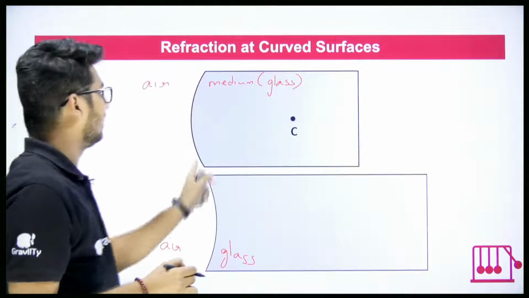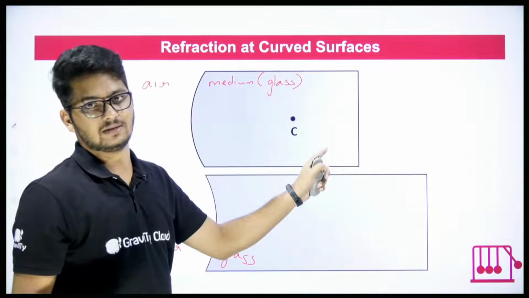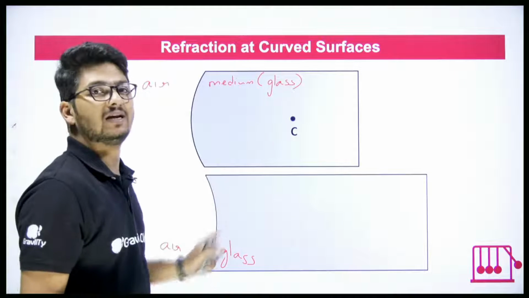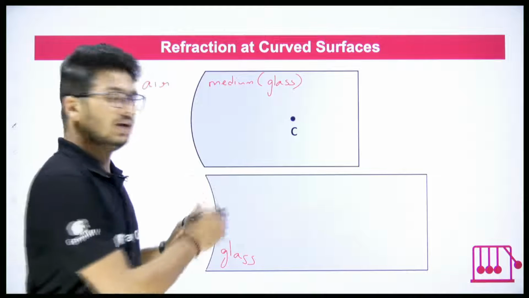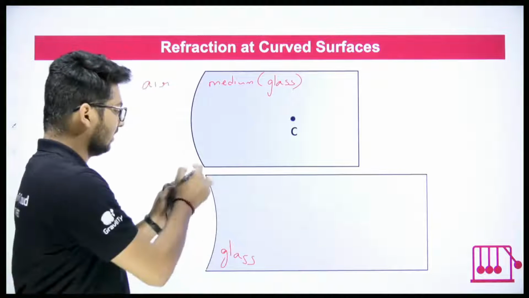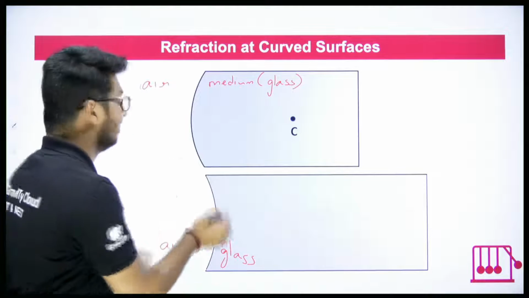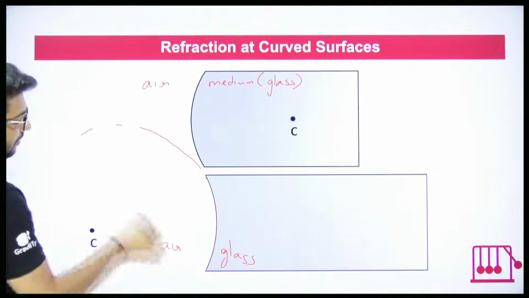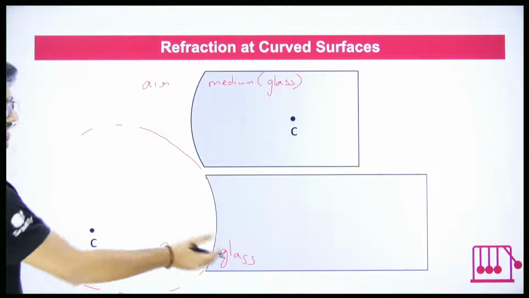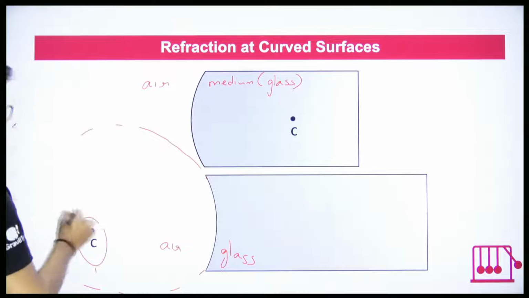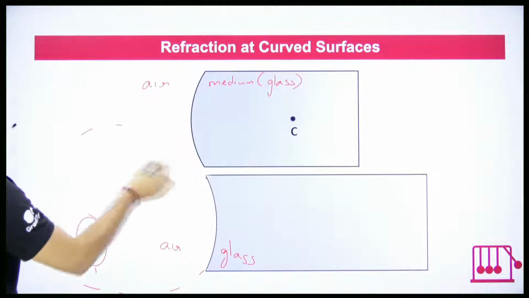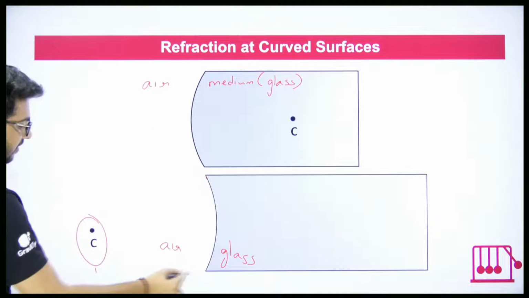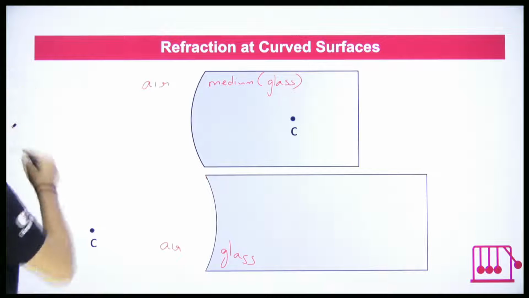So this surface has a center, that's here. And what about this surface? Where will it have its center? Towards right or towards left? Look at the curve. Where is the center? If you complete it, the sphere will be something like this. So the center will be towards the left, so the center is here. Got it? So if you have a curved surface, identifying the center is important.